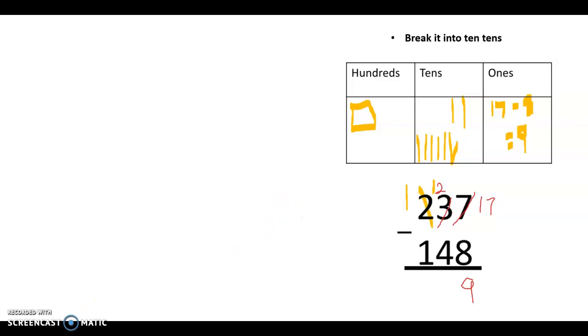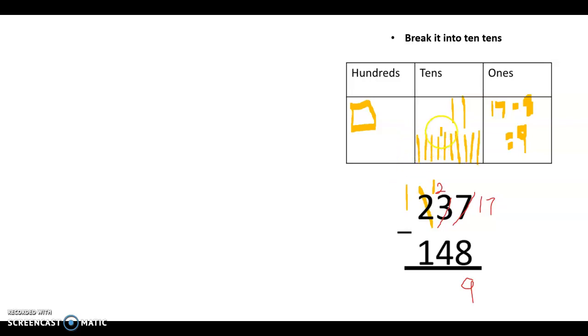Whoops. Sometimes mistakes happen, so we have 1, 2, 3, 4, 5, 6, 7, 8, 9, 10 tens, which equal that 100.